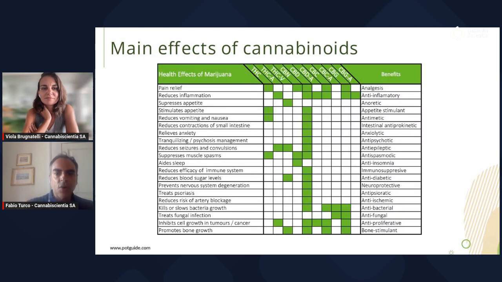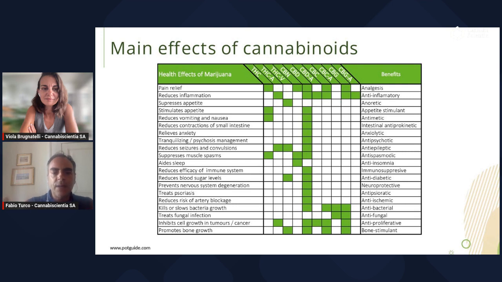By acting on these receptors, phytocannabinoids are in part responsible for the action of the cannabis plant. They can exert a lot of physiological effects, and they can also exert various beneficial properties in various pathological conditions.